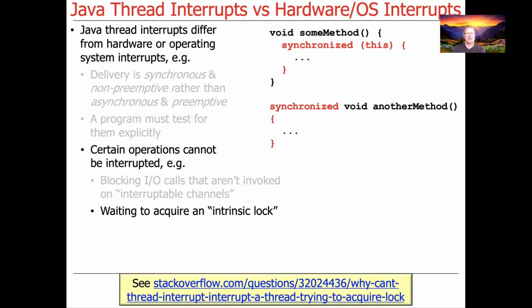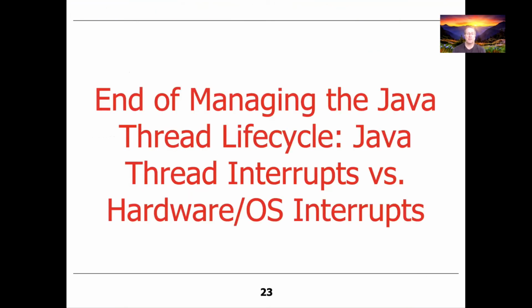Likewise, as we've talked about several times before, if a thread is waiting to acquire an intrinsic lock in a synchronized method or a synchronized statement, that wait cannot be interrupted. Of course, once you've got the lock, then the thread can be interrupted. But while you're waiting for the lock, you can't be interrupted.